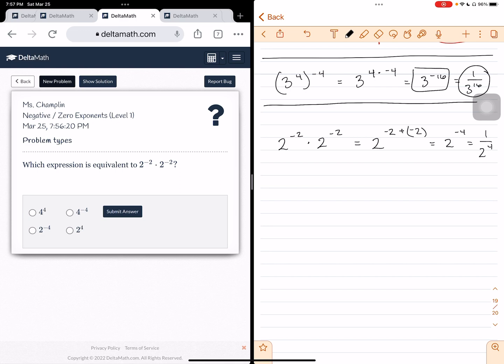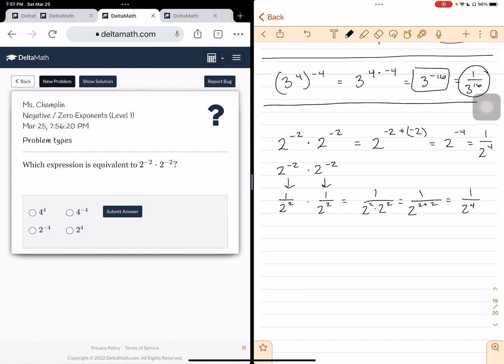All right? Another way that you could simplify this is if you realize that these each are equal to 1 over 2 to the positive 2 power. Right? So then this would be 1 over, if you multiply straight across, 2 squared times 2 squared, 1 over 2 to the 2 plus 2, 1 over 2 to the 4th.